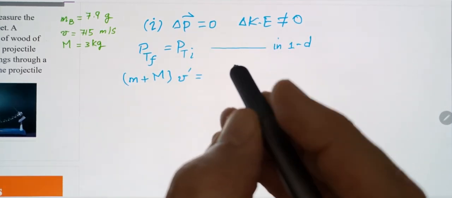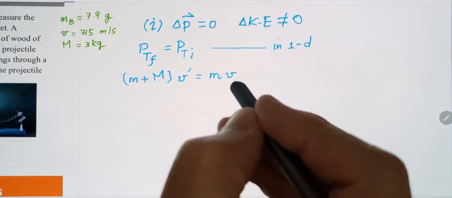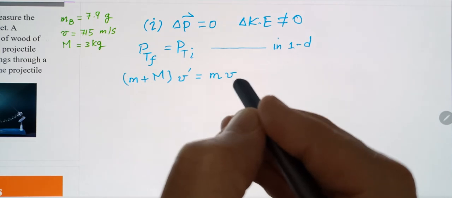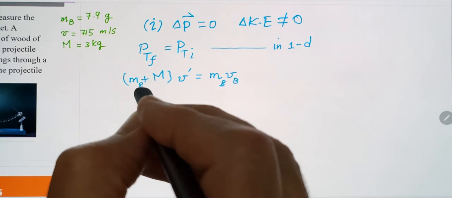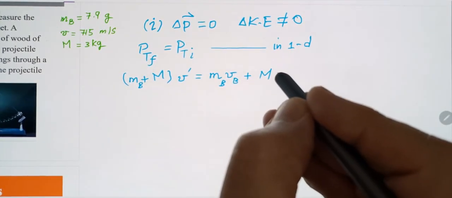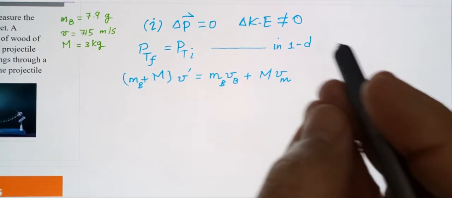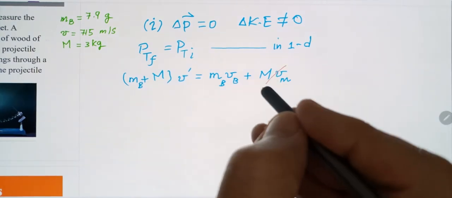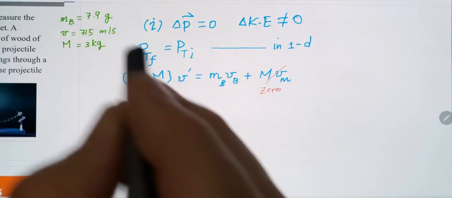It is the mass of the bullet multiplied by the speed of the bullet, plus the big mass multiplied by the velocity of the block, which is 0. So this is 0. Yes, the block is stationary.